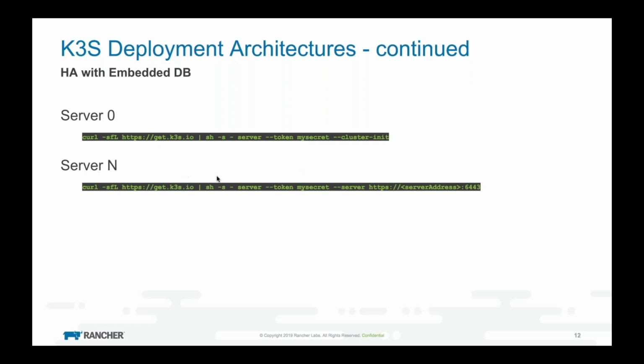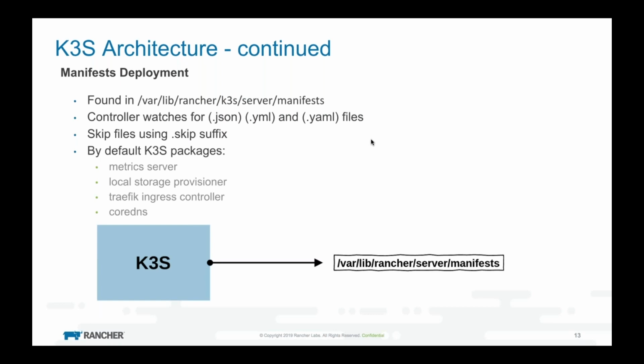So the other server will just use the same token, but obviously it will run the server process and just connect to the first server with the same token and the IP of the first server. So this is how the deployment architecture happened in K3s. So basically, we have 4 modes that we explained. So I'm going to talk next about the features that we added around K3s.